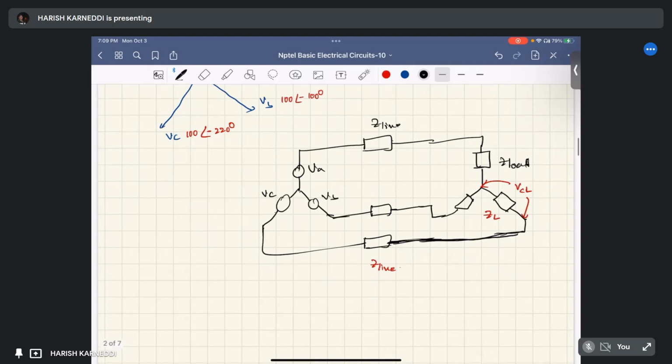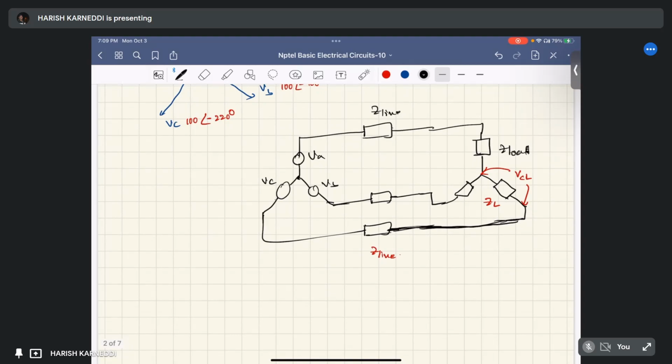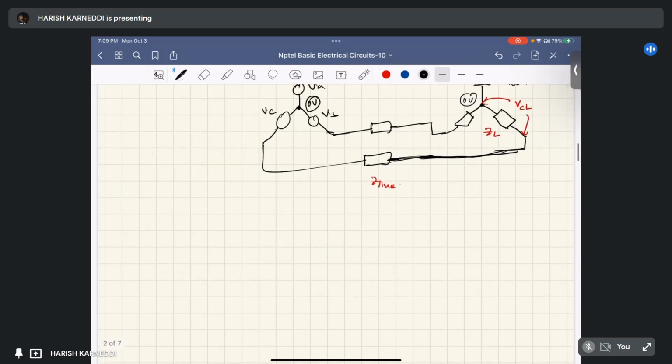Right here the voltage is 0 volts, right? It is balanced source and it is balanced load. Here the voltage is 0. We can find out the voltage across this load ZL by applying the voltage divide rule, right? It means, how can we write the voltage divide rule?